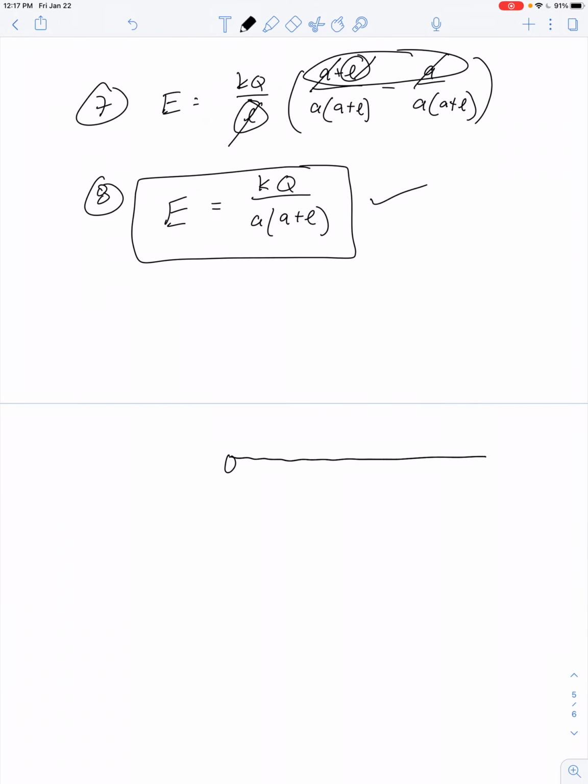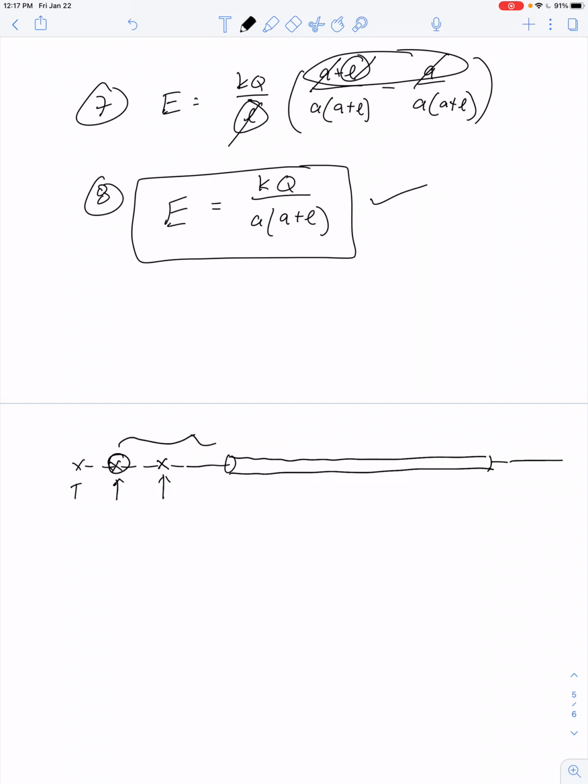So again, what we're saying is, as long as we have some point that lies along the axis of the rod at any distance, whether we want to find the electric field at this X marks the spot, or here, whichever one. Let's say we pick this.